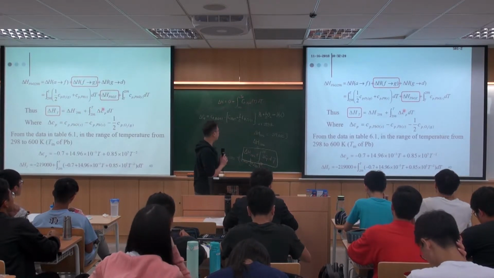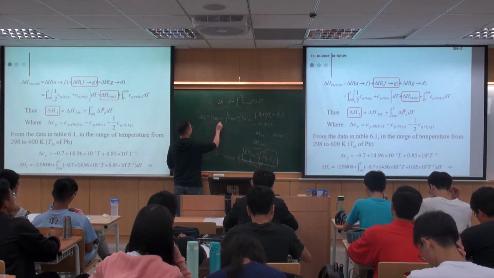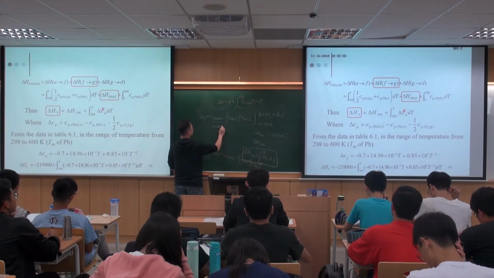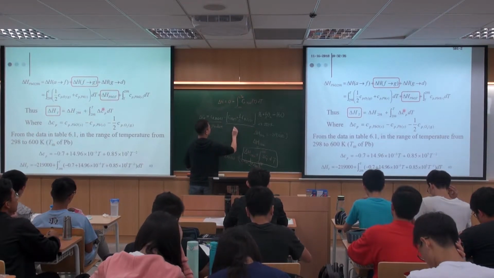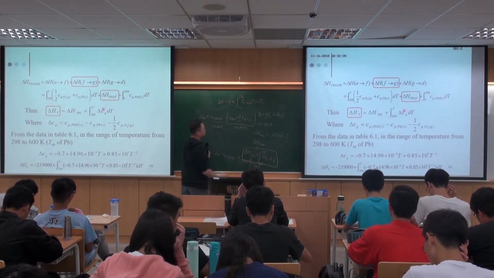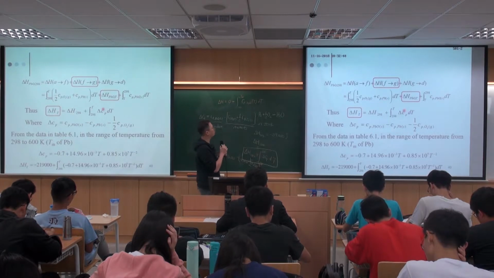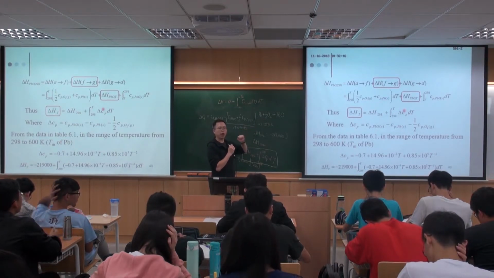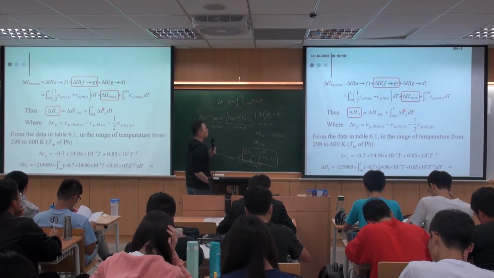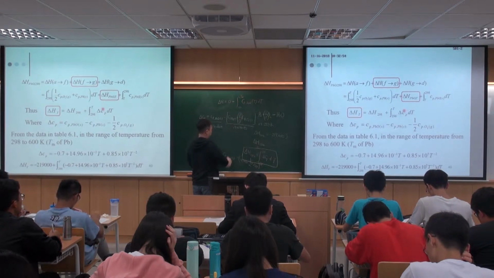And in this case, the delta Cp is the Cp of product minus that for the reactants, as I mentioned in the last class. But please bear in mind that you have to follow this reaction equation that you have only 1/2 mole of oxygen here, so you have to use 1/2 over here.